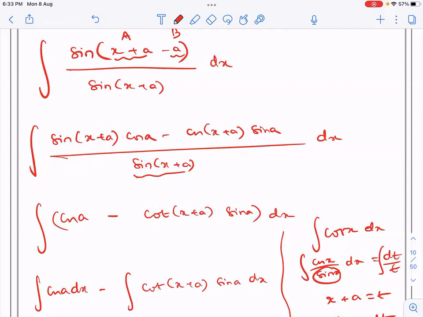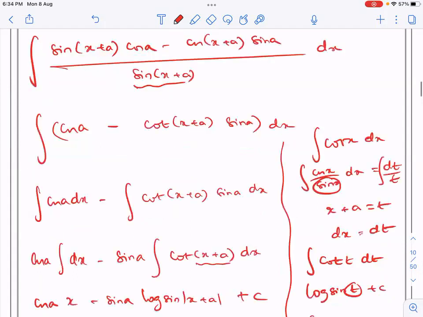In the numerator, in the place of x, they wrote it as t minus a. It's the same thing. But what is the final answer?